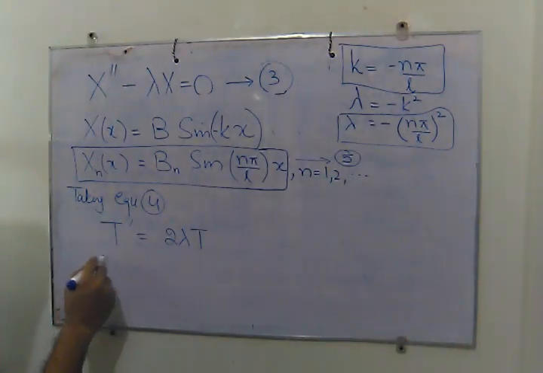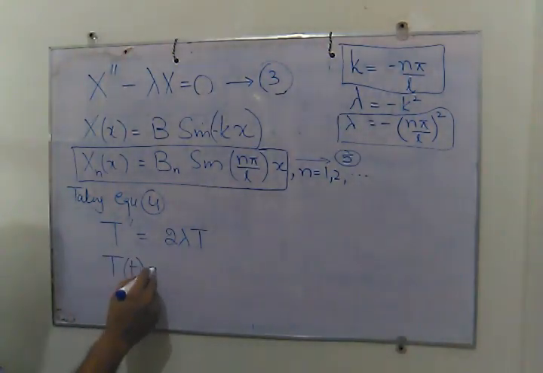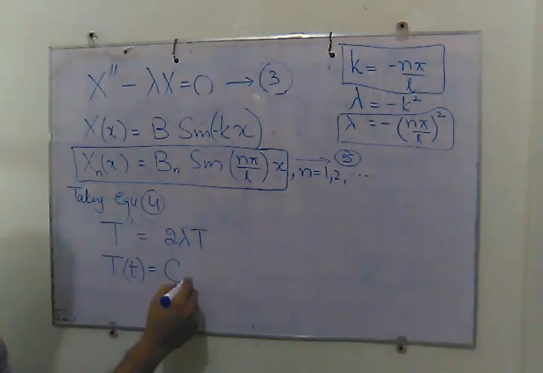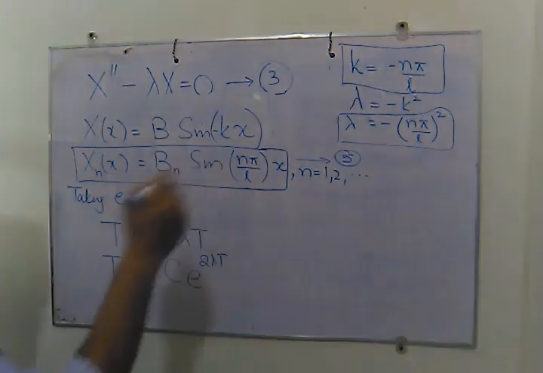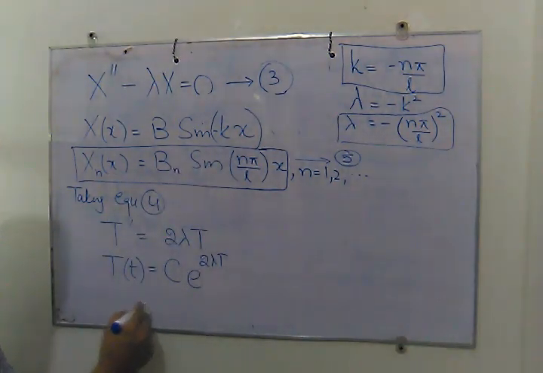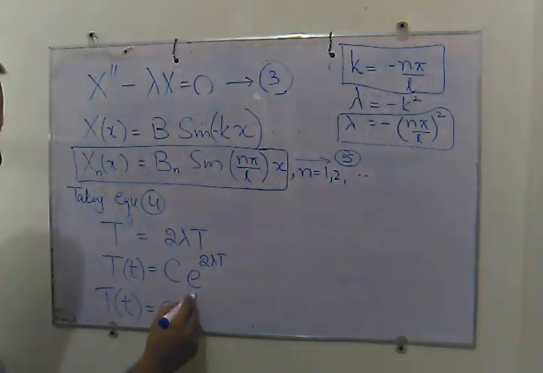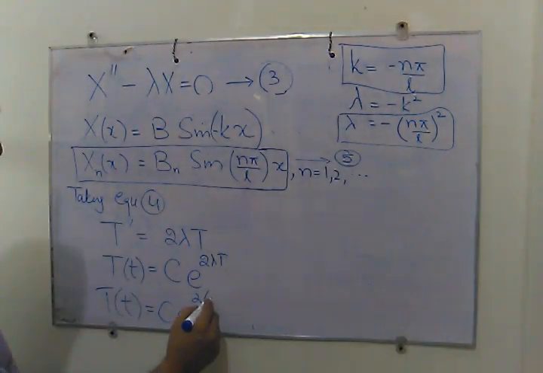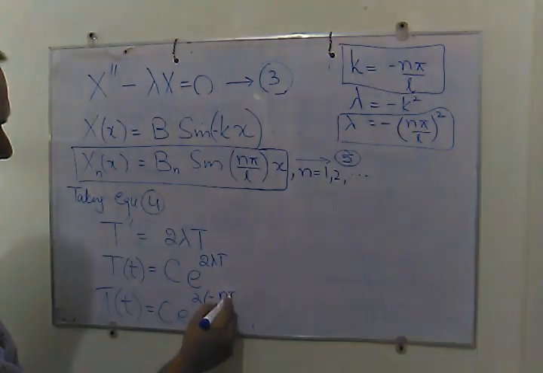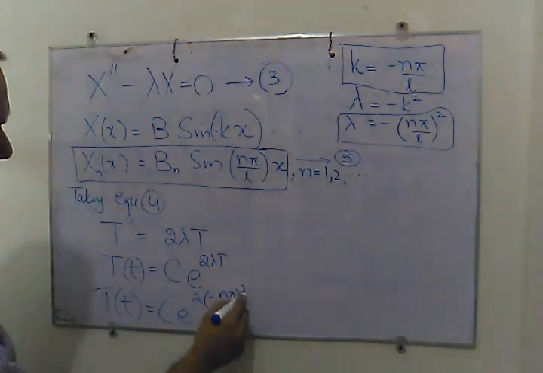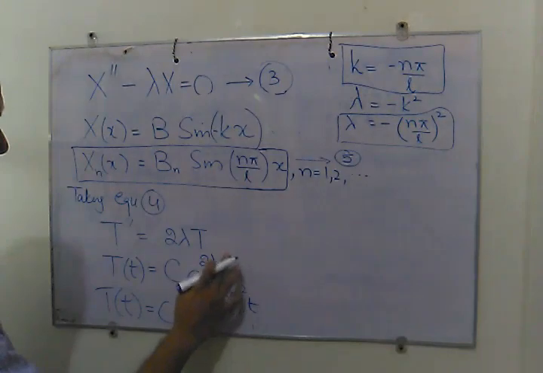We know the solution is of the form T of t is equal to C exponential 2 lambda t. We have the value of lambda here, so we can put it in: T of t is equal to C exponential 2 into negative n pi upon L square t.